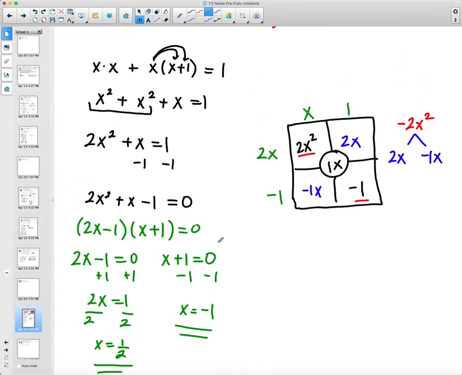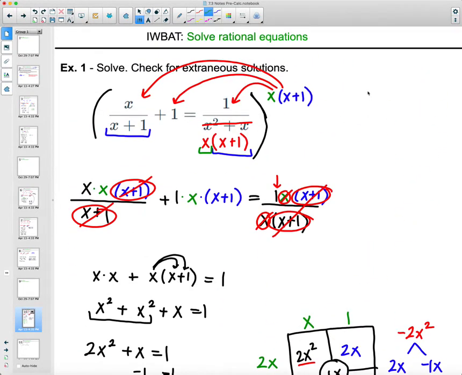So then we're going to go back up to the original problem. Okay, and our two possible solutions here were x equals 1/2 and x equals negative 1. So now you need to check those and see if either of them make the denominator 0. So if we plug in 1/2 here, we're fine. 1/2 plus 1 is not 0. 1/2 does not make this 0 either, because this will be 1/2 times 1.5.